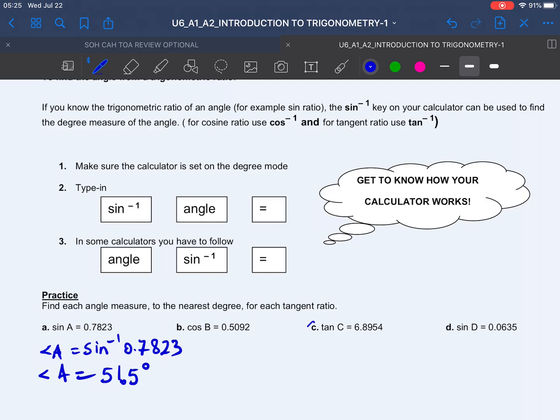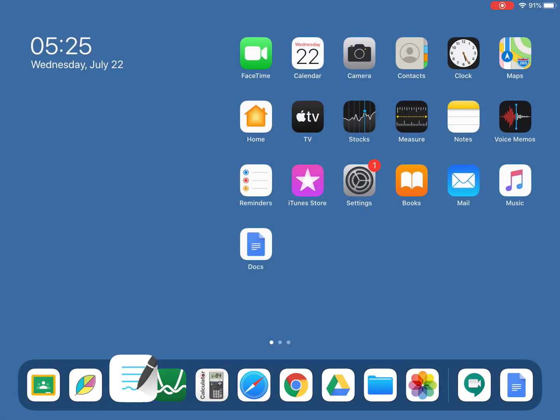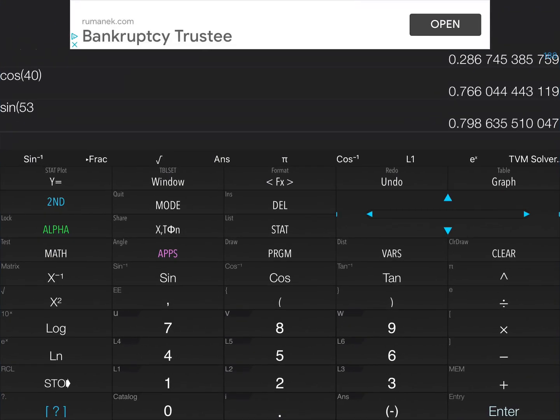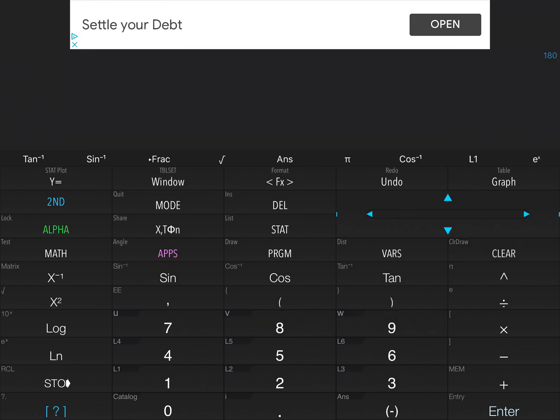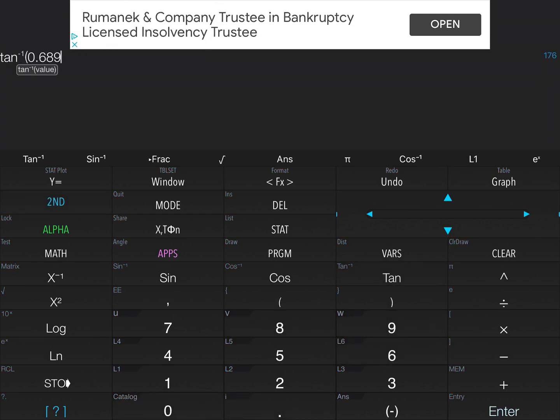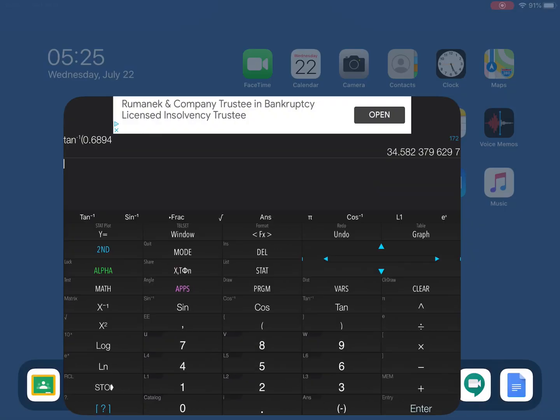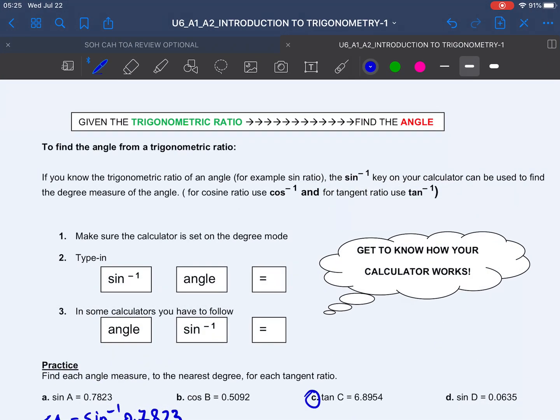Let's do one more together. So I'm going to do question C. The tan ratio of C is 6.8954. So we go second tan 6.8954. I press enter, 34.6 degrees.